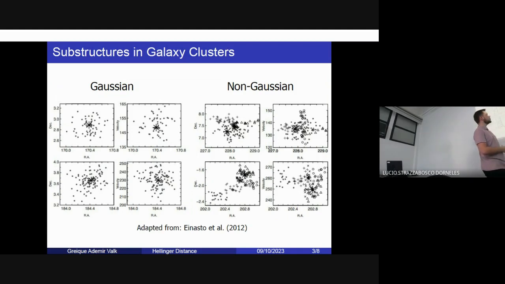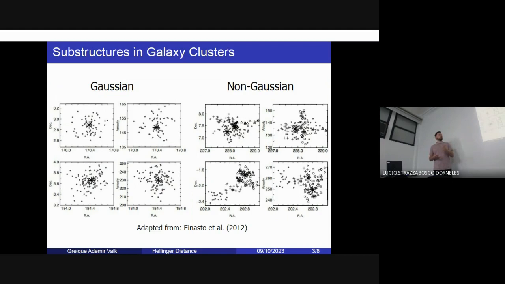These substructures are found using the Mclust package in the R language. And we can see these substructures in the declination and right ascension, and in the velocity and right ascension space.